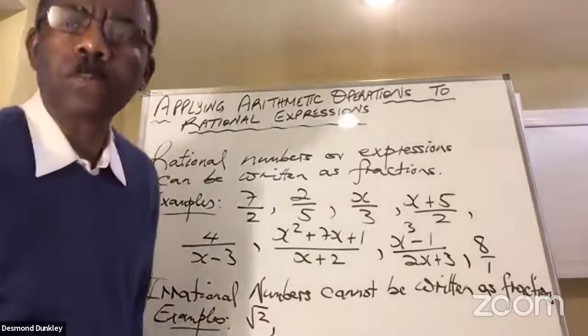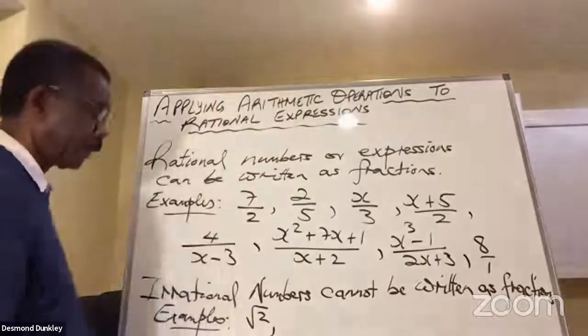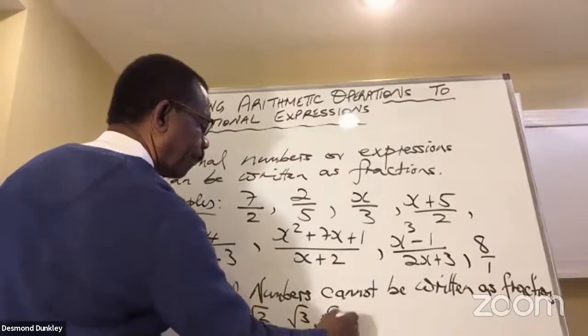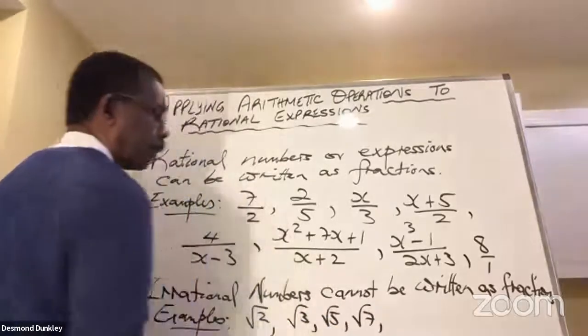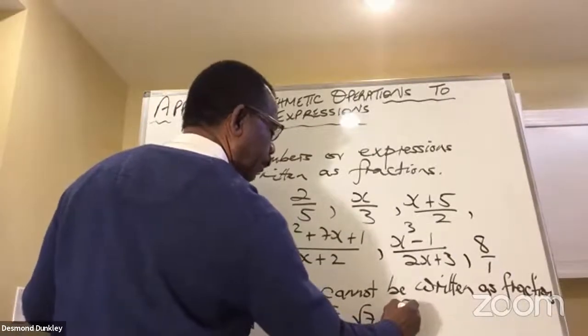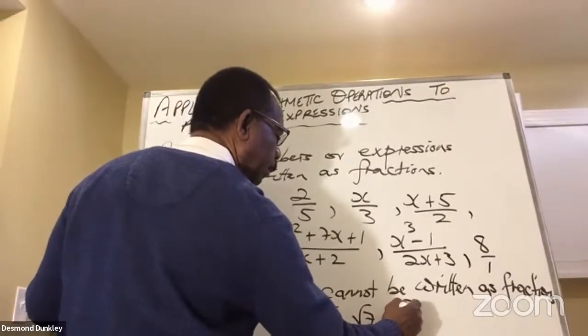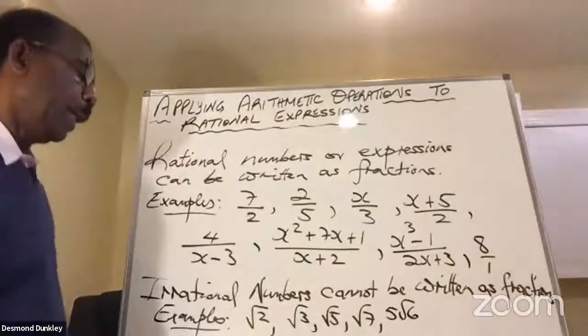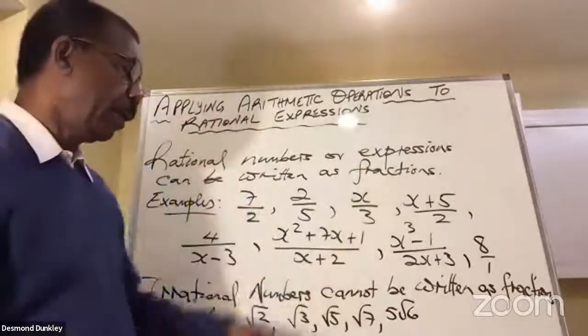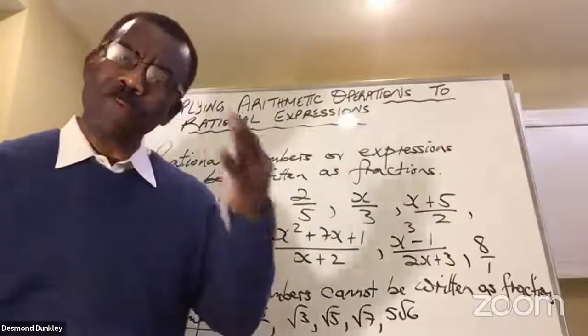√2. √2 can never be written as a fraction. √3, √5, √7, √6. Anything that cannot be broken down, does not have a perfect square, is considered an irrational number.